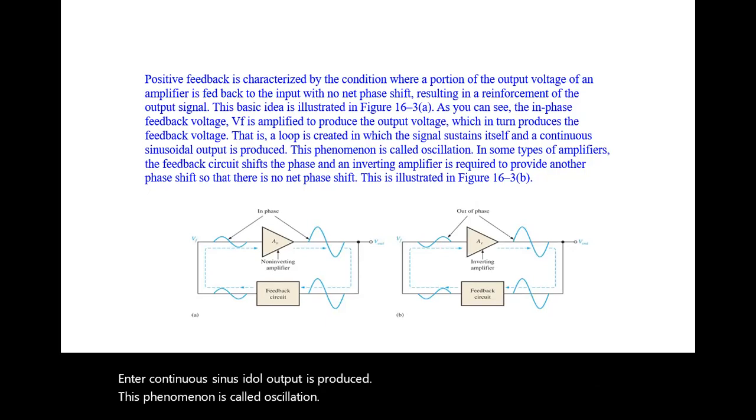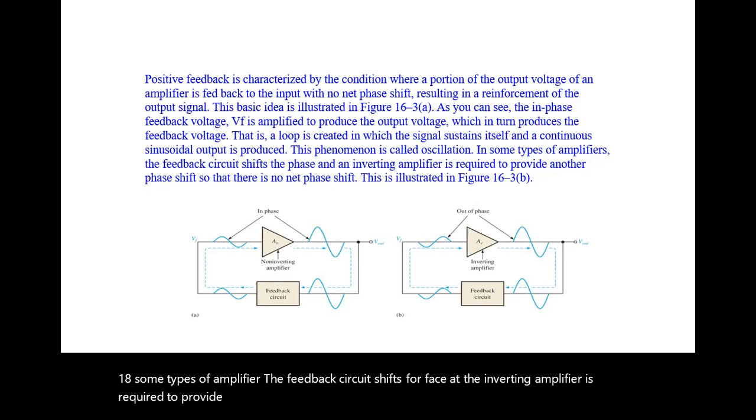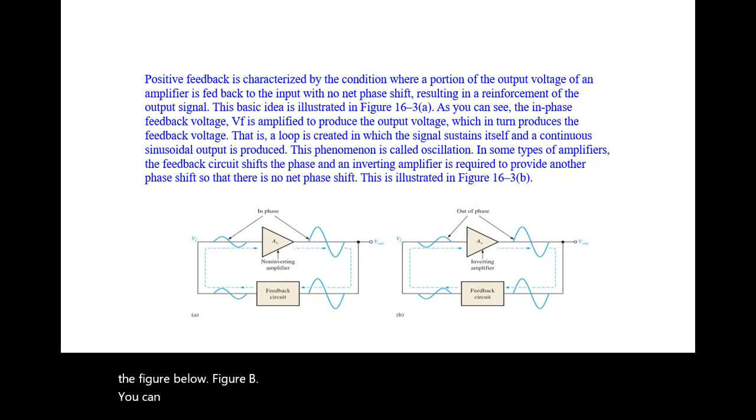In some types of amplifier, the feedback circuit shifts the phase and an inverting amplifier is required to provide another phase shift so that there is no net phase shift. This is illustrated in the figure below, figure B. You can see, first of all, in figure A, both input and output signals are in phase with each other.